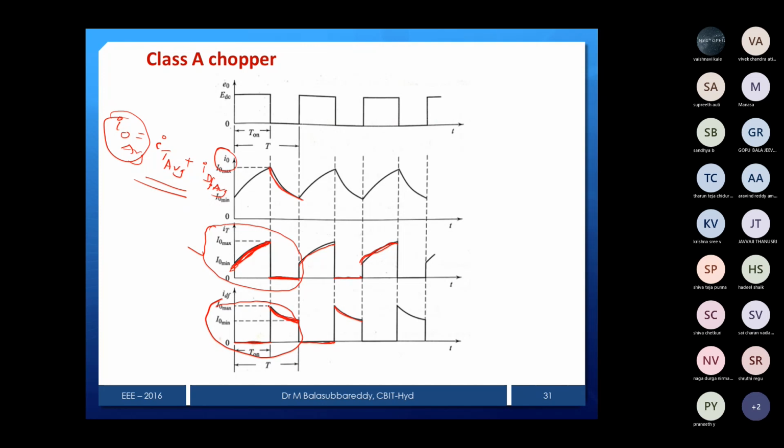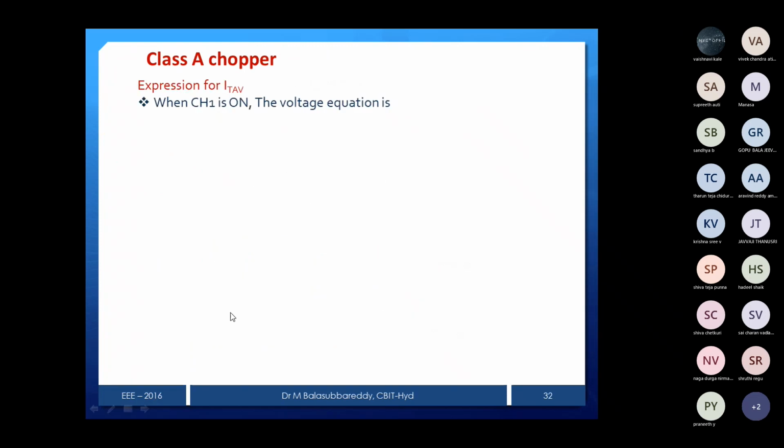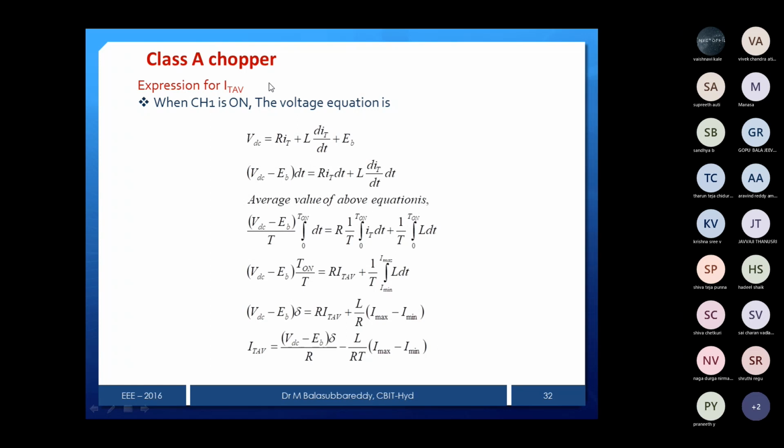The limits are minimum to maximum for one and maximum to minimum for the other. So I am integrating over one full cycle for the thyristor as well as the diode. When the chopper is on, I calculate the average thyristor current, and when the chopper is off, the diode is on and I calculate the average diode current.